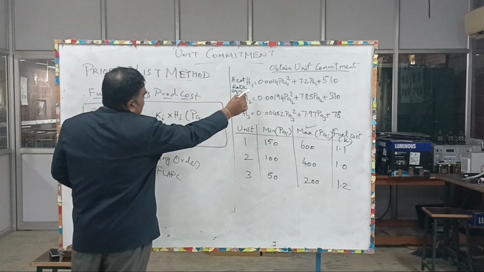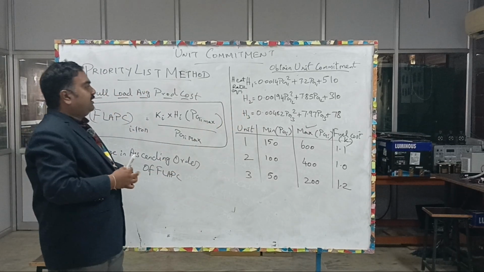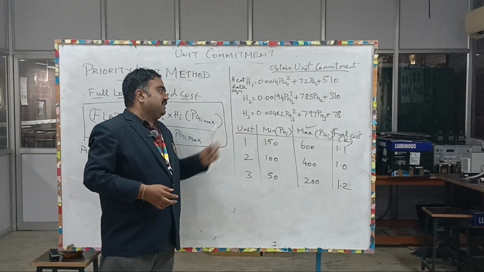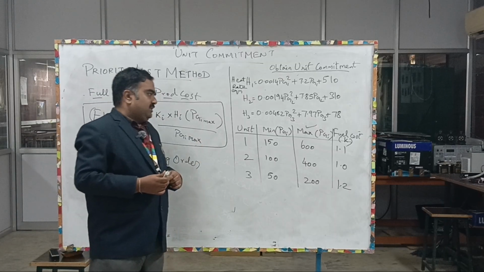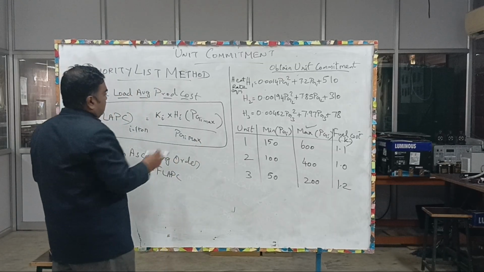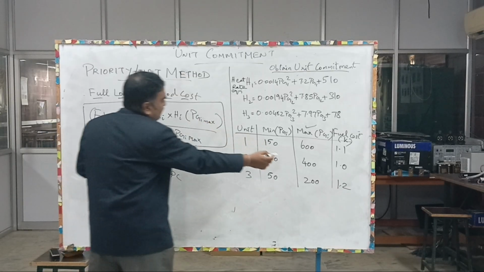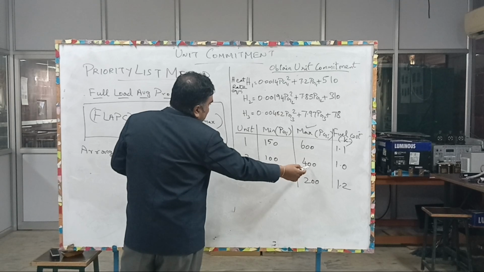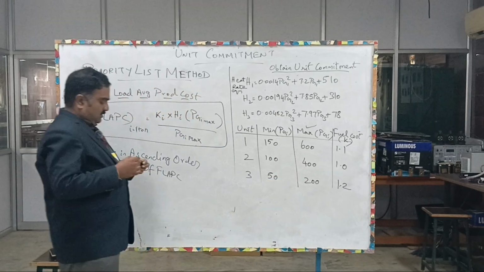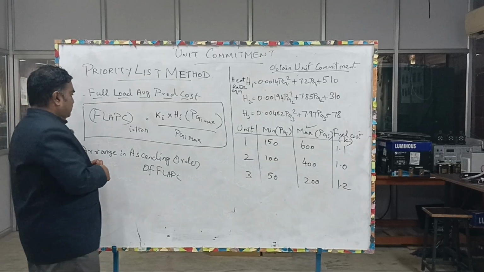If it is the first generator, you take the first equation. If it is the second generator, you take the second equation. If it is the third generator, you take the third equation, likewise. And then you have to substitute that maximum generation. Here it will be 600 for the first generator, 400 for the second generator and 200 for the third generator.